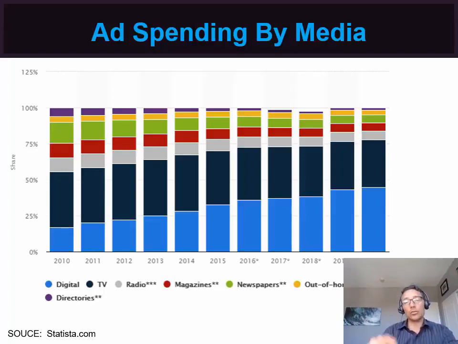The second category in your stacked bar there with the darker blue is TV. And we see that TV has been shrinking. And in fact, finally, in 2017, that was the year that digital advertising surpassed TV in total spending.